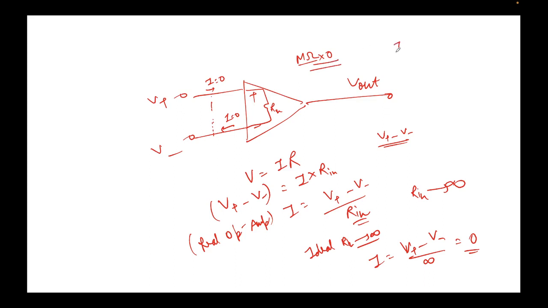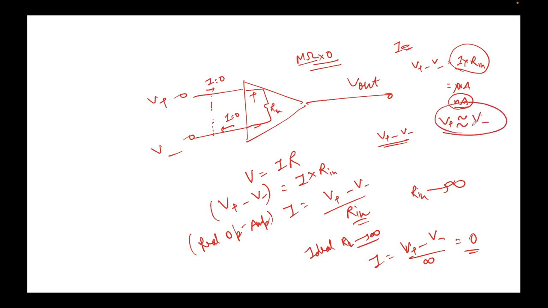So V plus minus V minus will come out to be I times Rn. Since we are assuming an ideal case, the product of these two terms is very, very low, ideally like microamps or even nanoamps. So we ignore this and we simply say V plus is approximately equal to V minus.